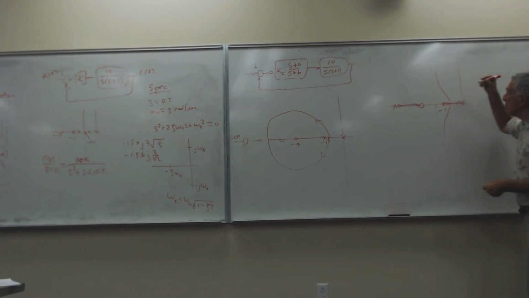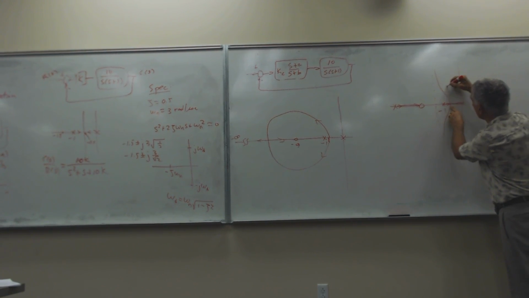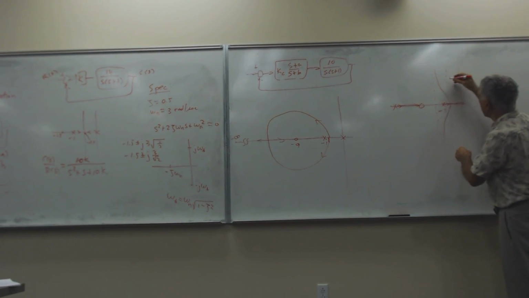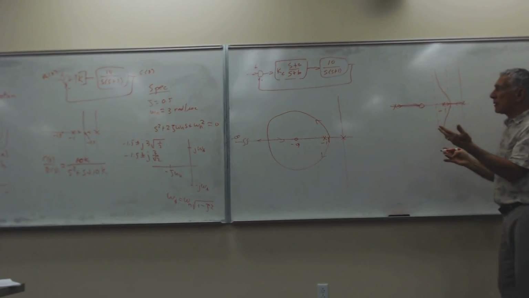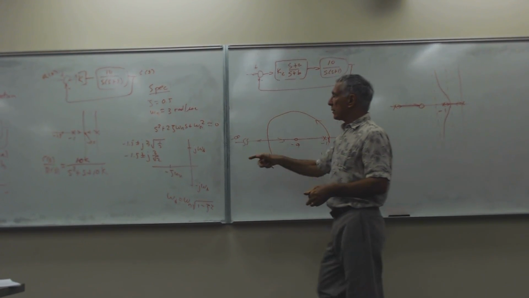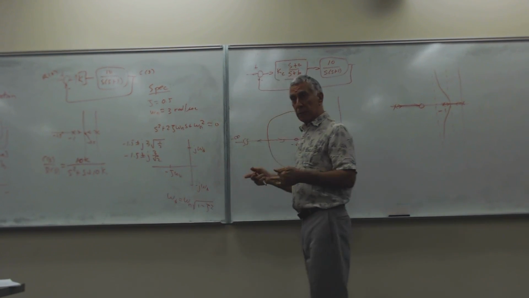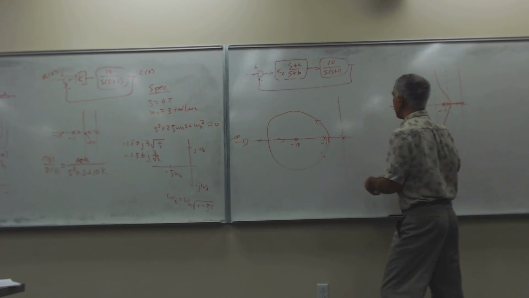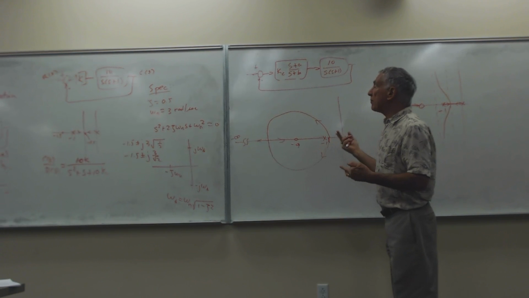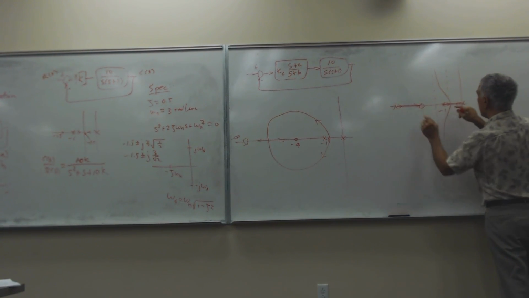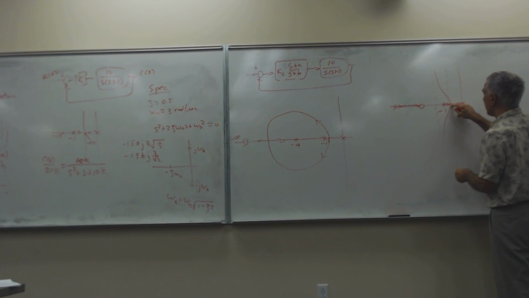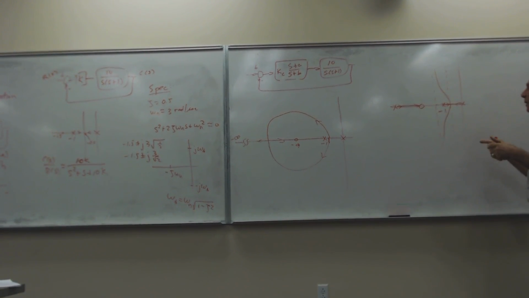And so if you remember, with pure gain compensation, you couldn't satisfy the real component minus 1.5. It was always going to be at minus 0.5, right? If you didn't have these, the breakaway would be at minus 0.5 in the middle there.